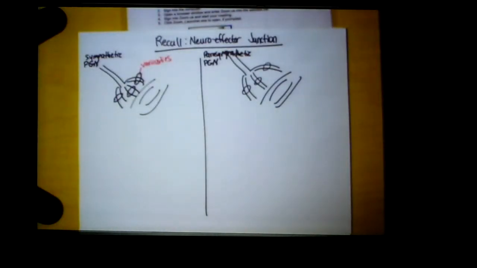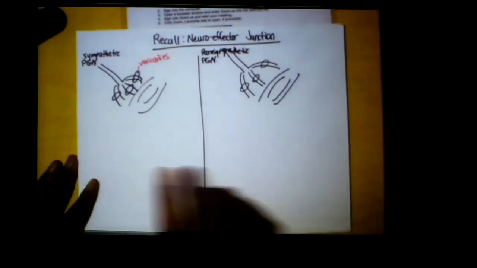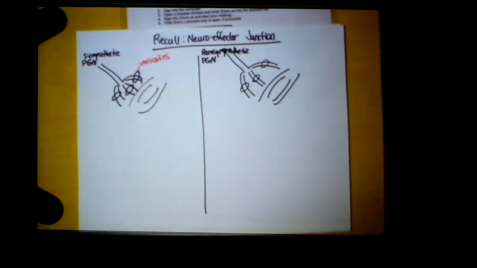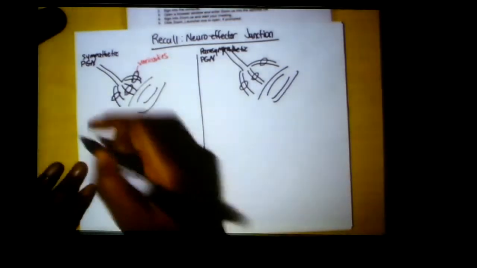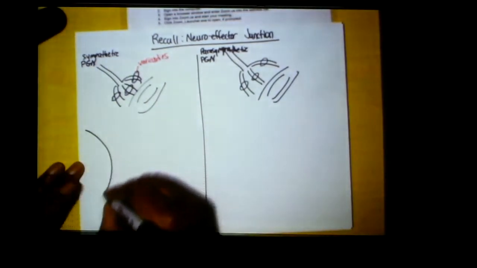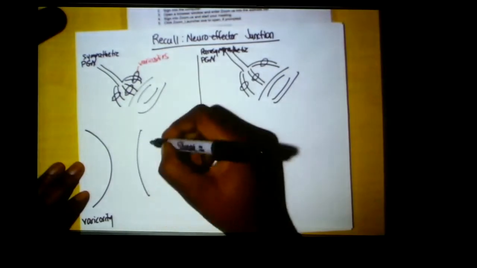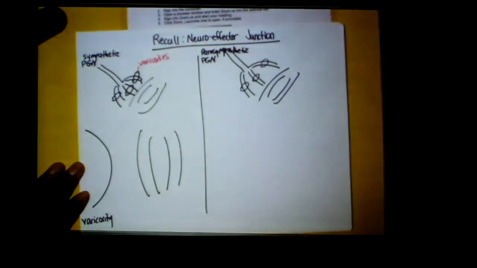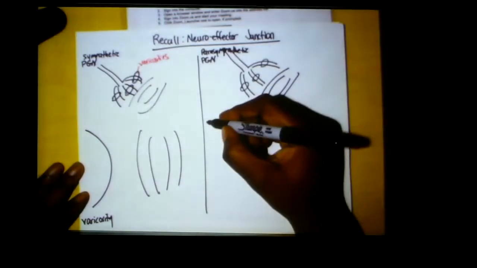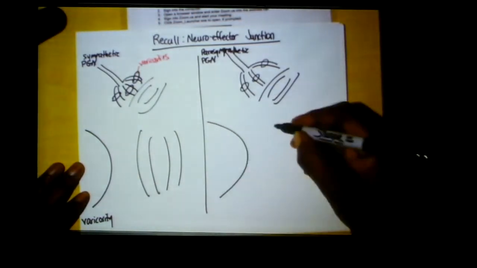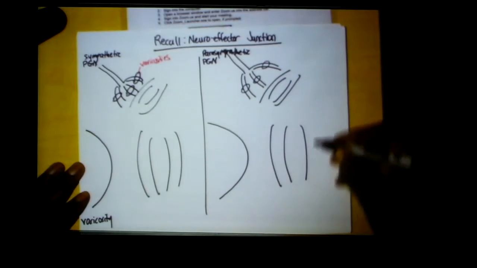All right, now let's zoom in a little bit closer and see exactly what's going on between the varicosity and the effector cell. So we've got the varicosity and our effector tissue, which we know is some type of smooth muscle, cardiac muscle, adipose tissue, or glands. I keep saying that just so that it really sticks.